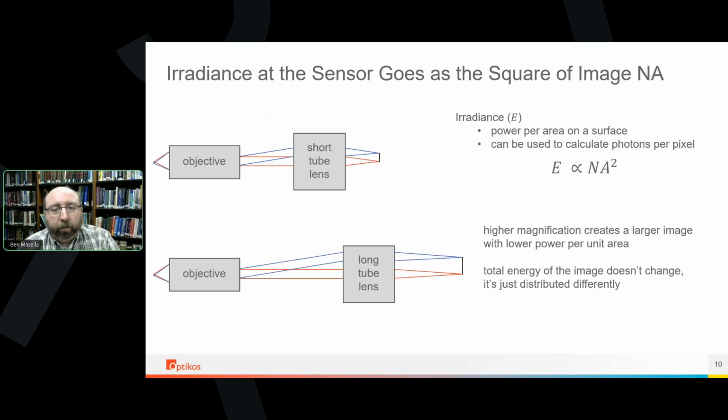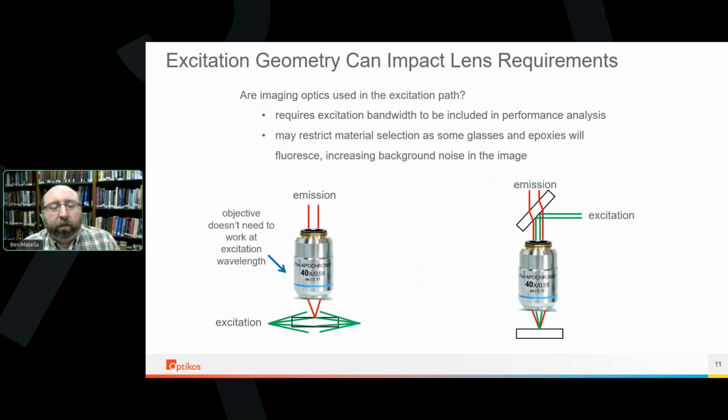And so again, this is going to be important for understanding whether you're sensitive enough, whether you have enough excitation, whether you're collecting enough emission for a particular sensor. And that excitation and emission also impacts whether the lens design is complex or whether it can be simplified, and the types of glasses chosen in lens design.